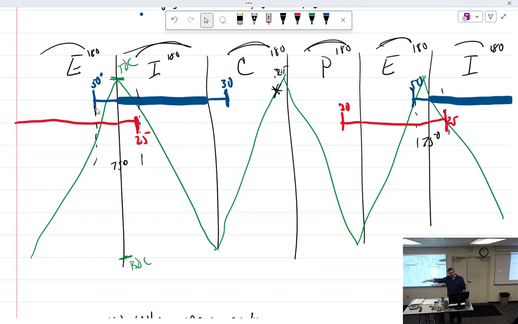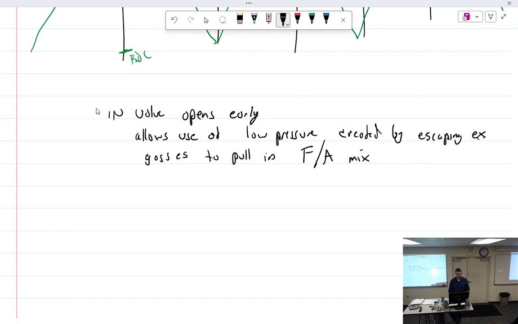It goes out the tailpipe. When you hear a loud explosion out the tailpipe, that's an afterfire. A backfire goes through the carburetor and air cleaner. So if it opened too early, we would light off the incoming fuel air mixture, which would be a backfire.